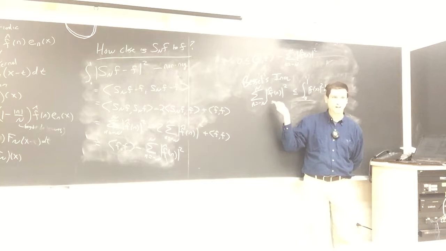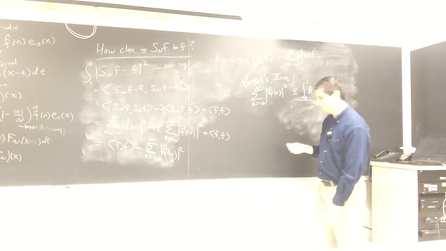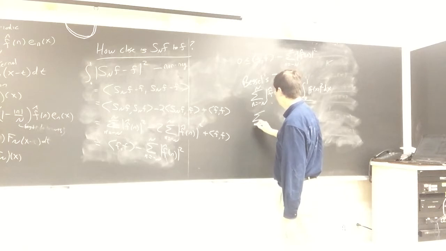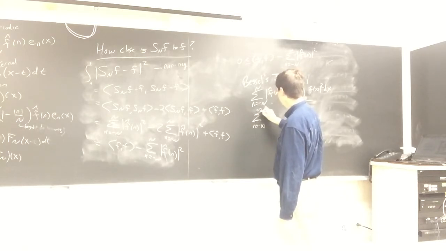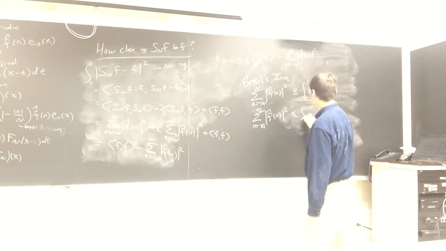So this is true for each n. I can take the limit as n goes to infinity. Right? For every n, this sum is less than or equal to this. Let it go to infinity. So also you get the sum, n goes from minus infinity to infinity, of f hat of n squared.